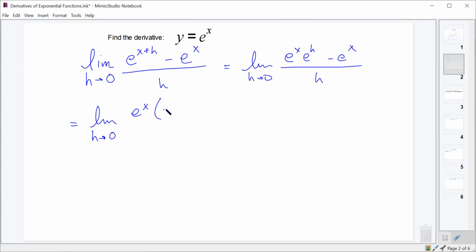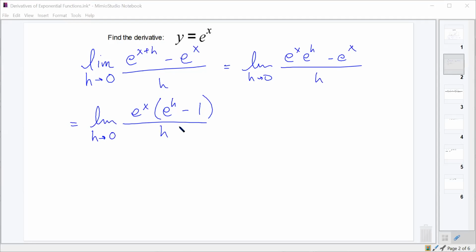Take out the e to the x, leaving me with e to the h minus 1 over h. And now what do we notice? Isn't it still indeterminate? It's still indeterminate, yep. What do we notice though?